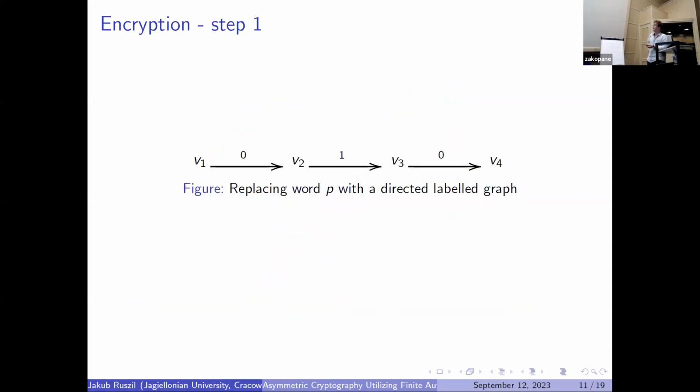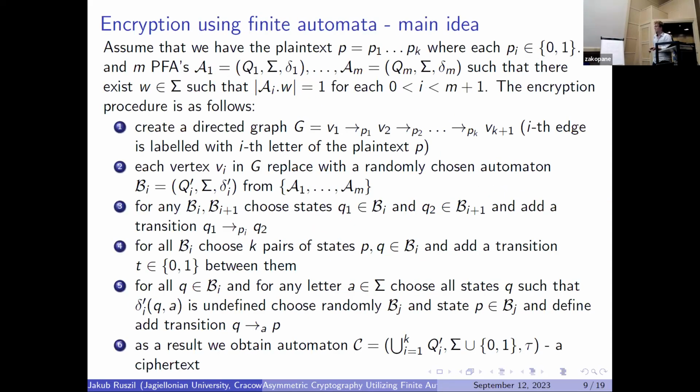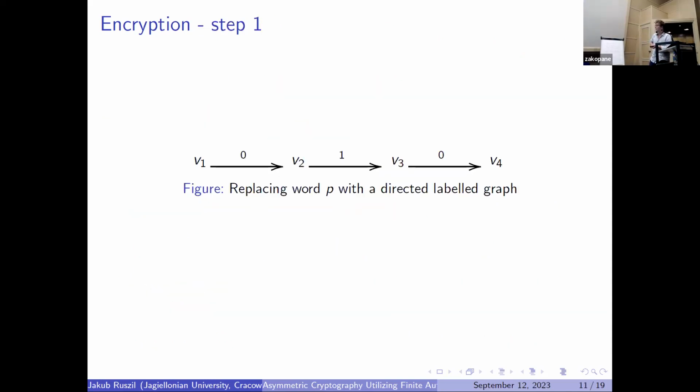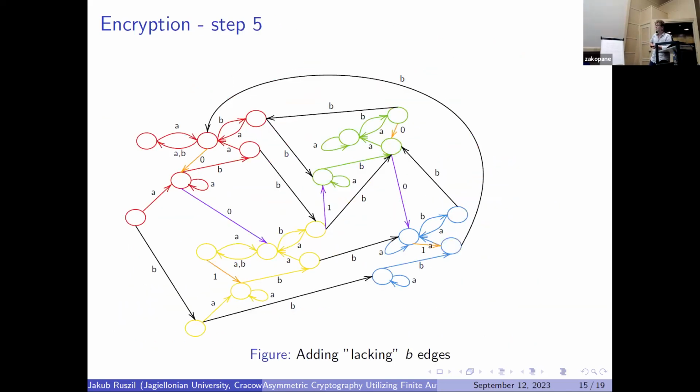And actually, that is the last step: to make that construction deterministic from the perspective of the set sigma. So what does it mean actually? Let's observe that every one of those automata is actually a partial automaton.